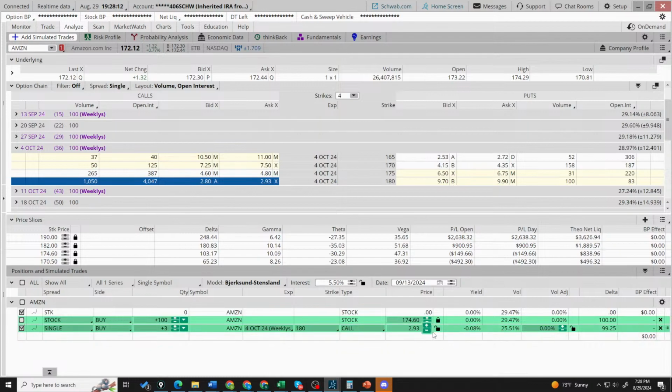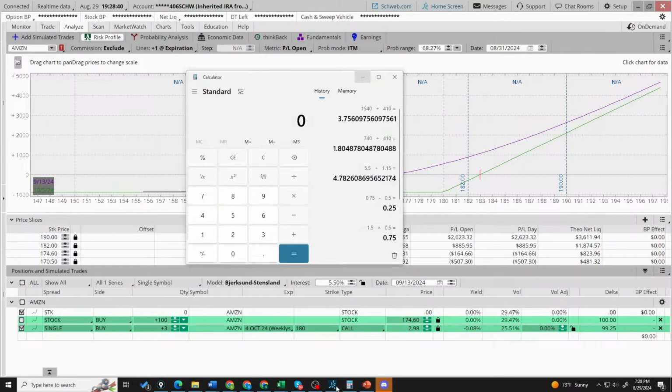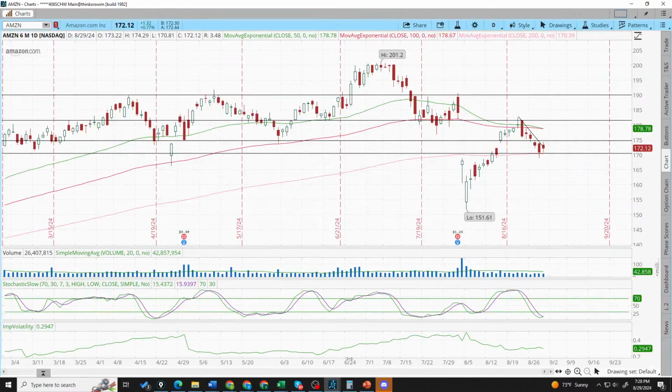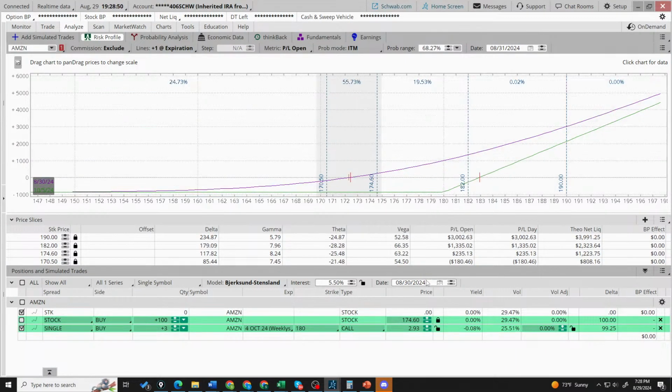By the time it triggers, let's see how much this thing would have to move. We said our target was 174.60, right? Wait a second. What's going on here? 172. Oh, hold on. Go to today.